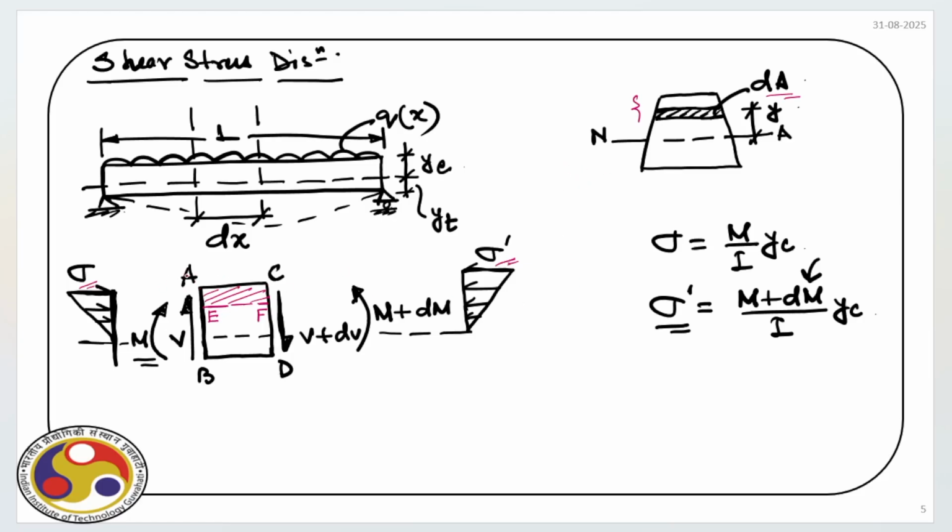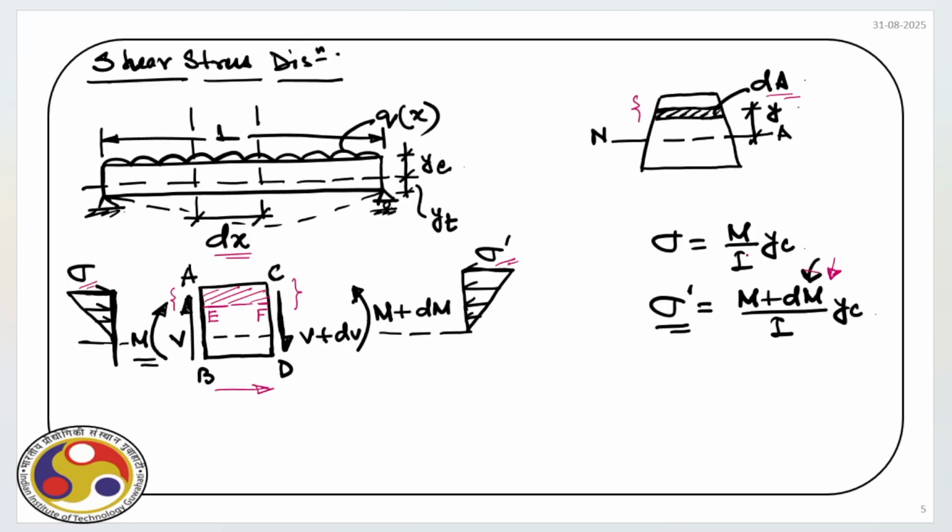Now, obviously, as we move from AB to CD along the length dx, there is an increase in bending moment. The force acting on the face CD over this segment CF obviously will be more than the one acting over AE, just because of this increment in bending moment.